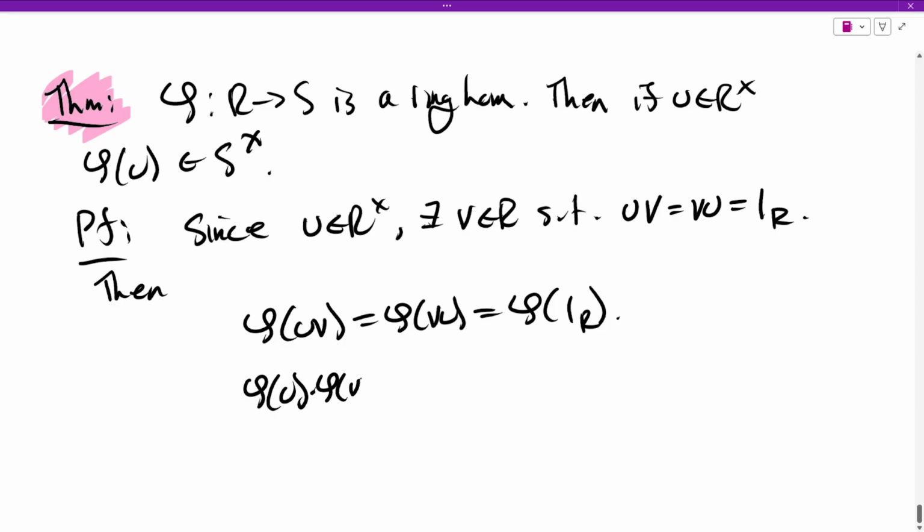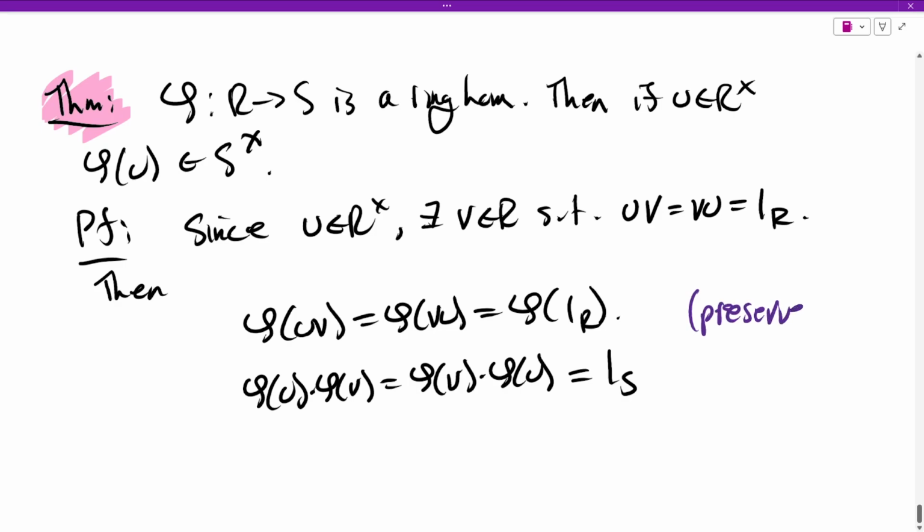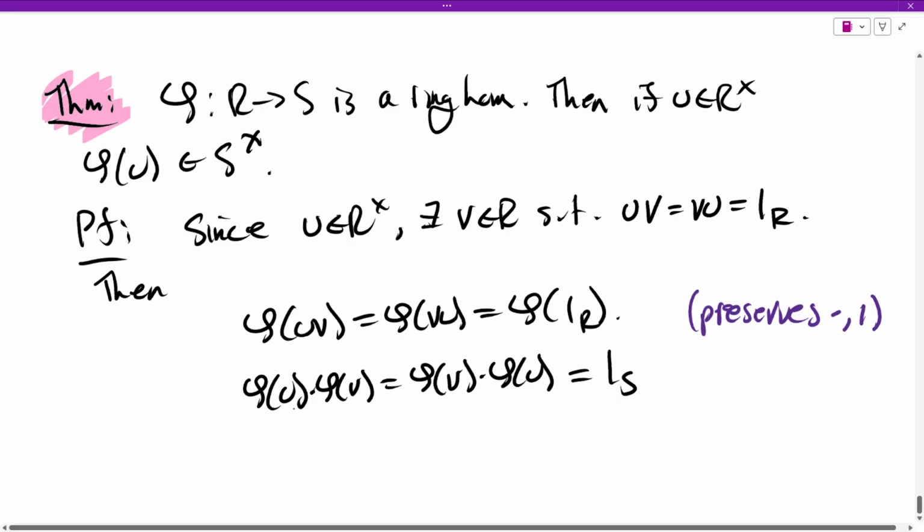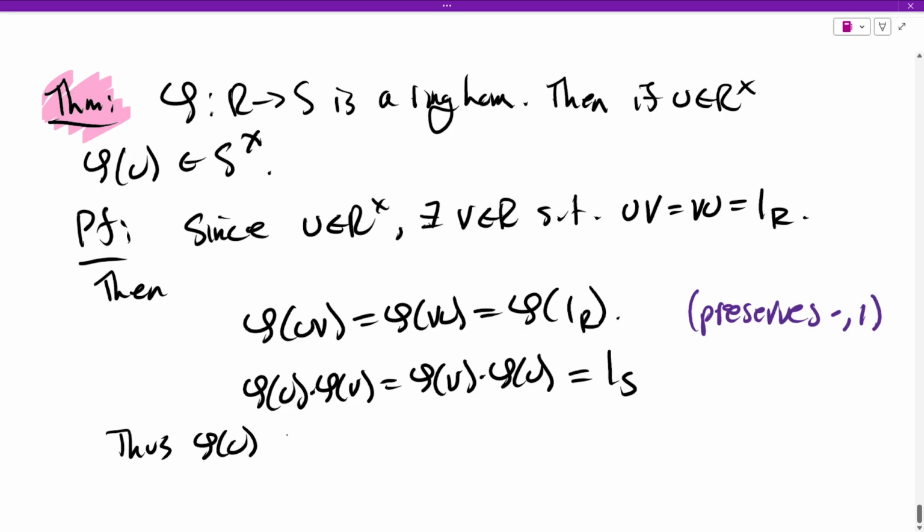So each one of these products breaks up under phi. Lastly, phi sends the 1 to the 1. So here we've used that phi preserves times and 1. So phi of U has a multiplicative inverse. Phi of V is the multiplicative inverse. Oh, so phi of U is a unit. Fantastic. So it preserves units.